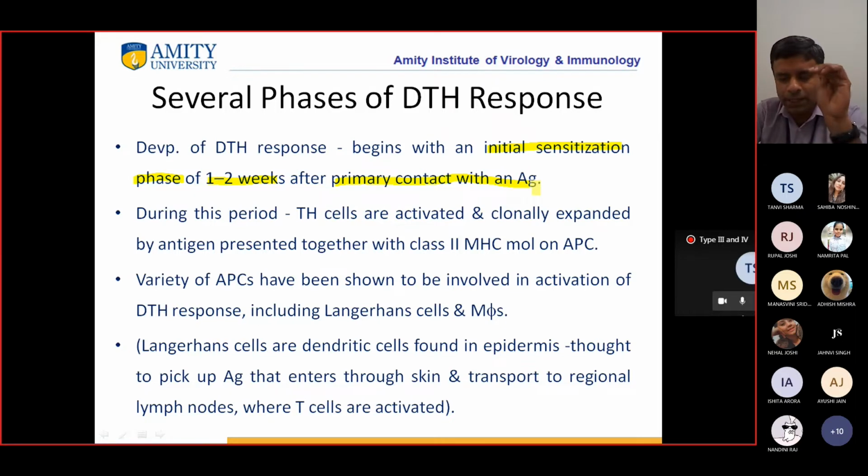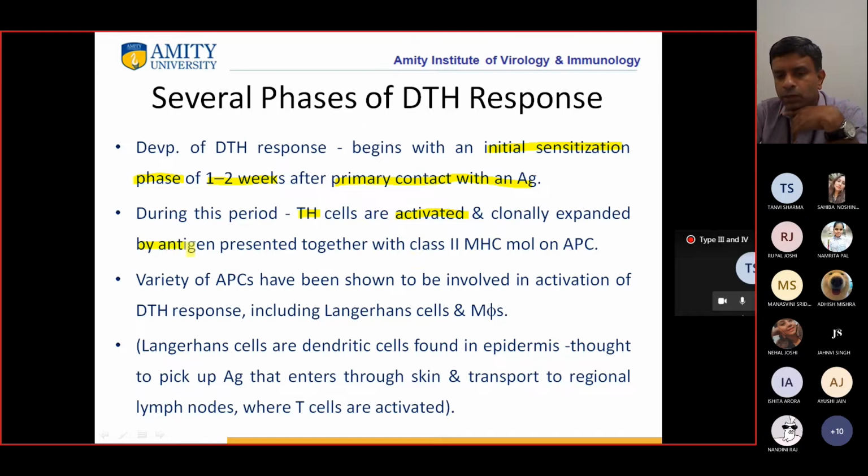So I hope you understand this sensitization phase, because in type 1 also we read about this phase. Now during this phase, what happens? The T helper cells get activated and clonally expanded by antigen presented together with class 2 MHC molecule on APC.